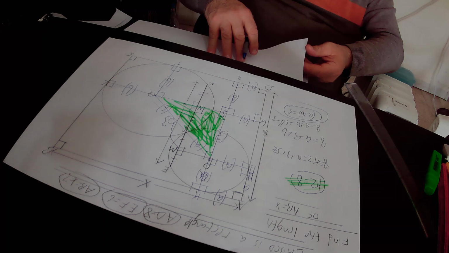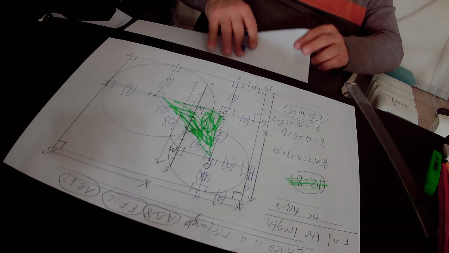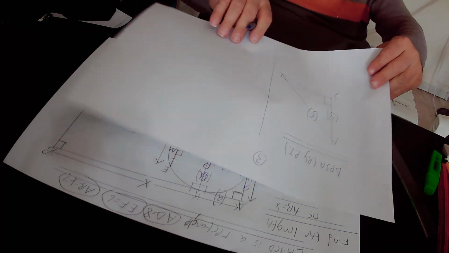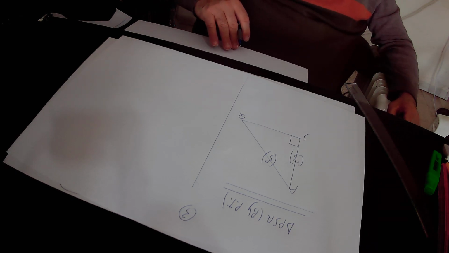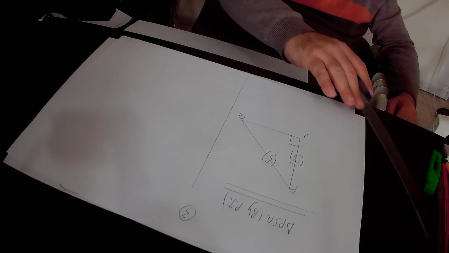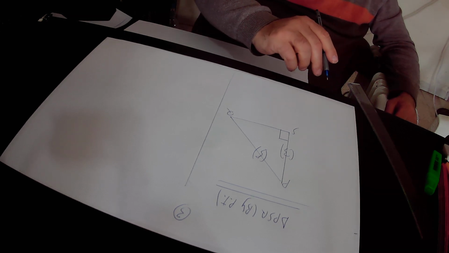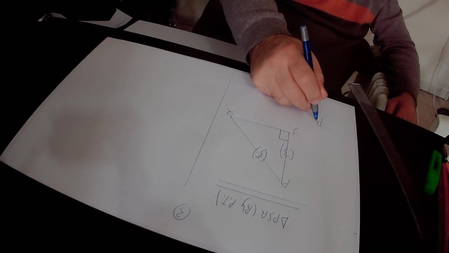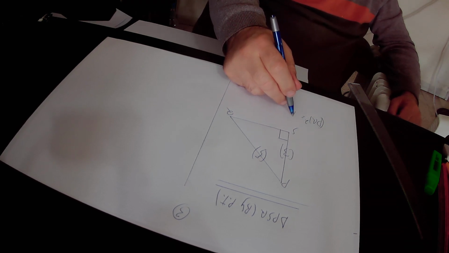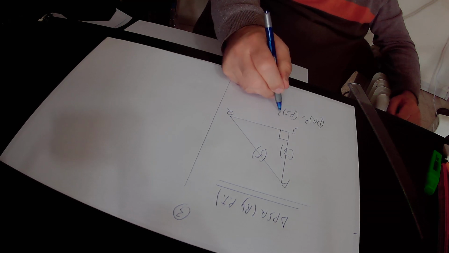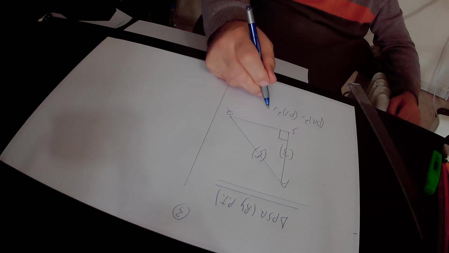So actually, this is the right triangle PSQ from the original drawing. According to the Pythagoras theorem, in this right triangle PSQ, PQ squared equals PS squared plus SQ squared.